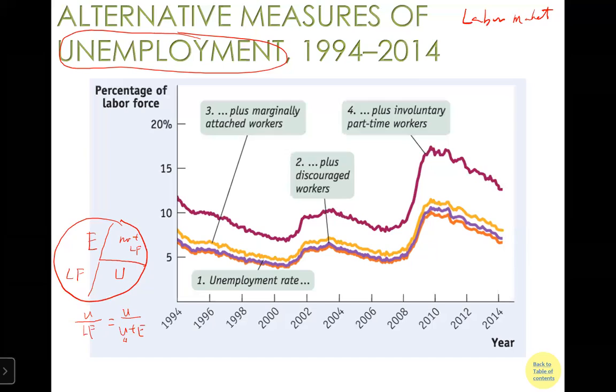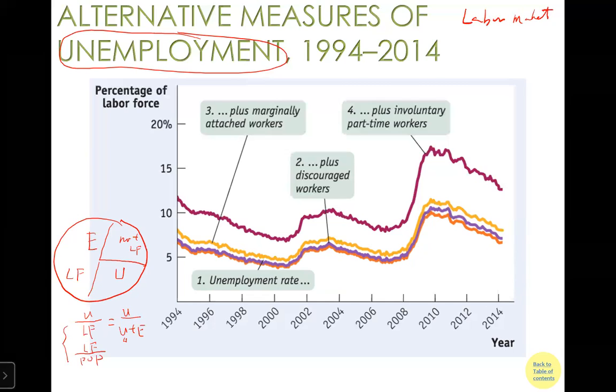That's how we define the unemployment rate. We also look at the labor force participation rate, that's LF divided by the adult population. Just keep in mind the denominator is the adult population. These are two things we have to look at.